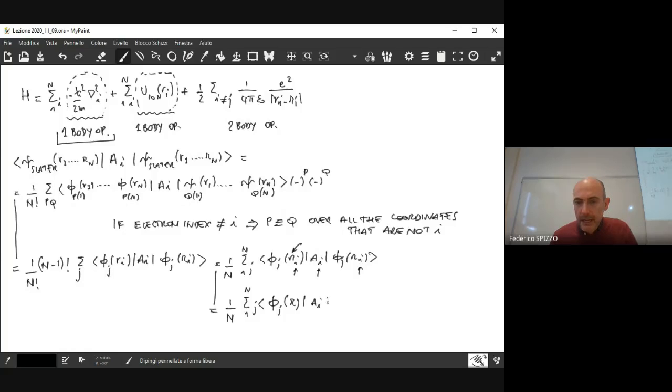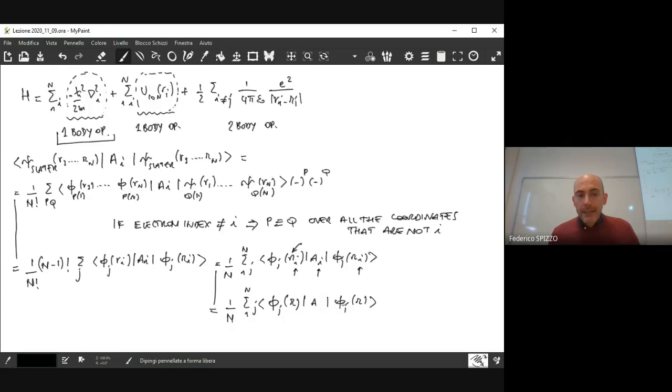I leave there the index I just to remember that it was the initial index... No, it's better to remove the index because it may produce confusion. So A is the general one-body operator that acts on coordinate r. And here I just consider the fact that I apply that operator to all the possible levels.